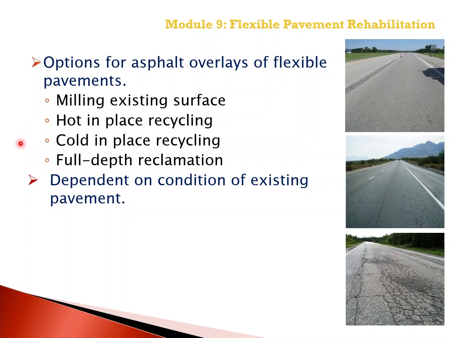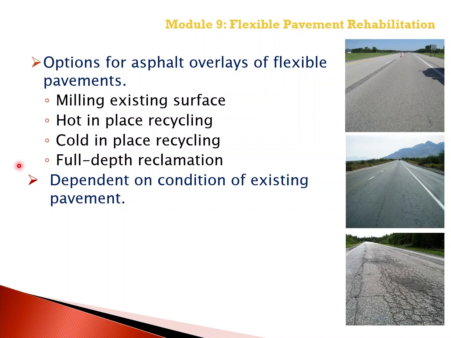And then cold in place recycling, for flexible pavements that are marginally inadequate. In other words, the distresses, the cracking observed at the surface do propagate into the lower pavement layers, or we have deficiencies located below the surface, anomalies that exist below the wearing surface layer.